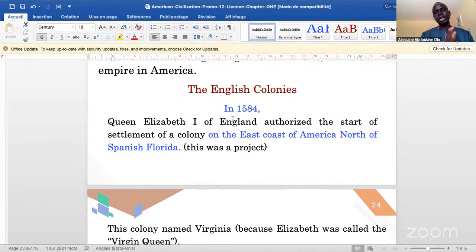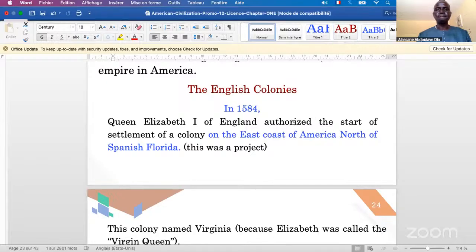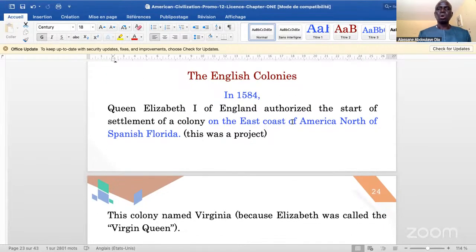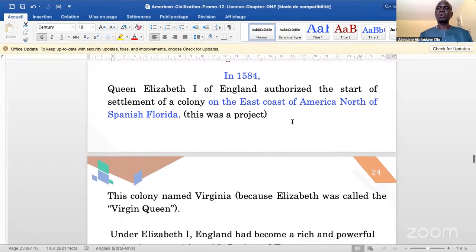Now, the English colonies. When we talk about the English colonies, what you have to know is that, all right, I have to rush. Queen Elizabeth I of England authorized the start of settlement of a colony on the east coast of America, north of Spanish Florida. But this was a project. You will learn it in British civilization.